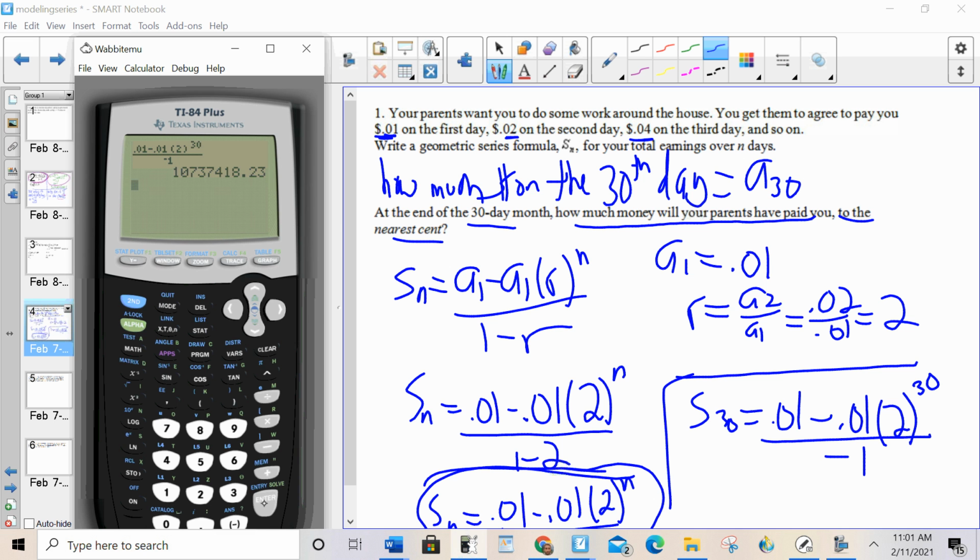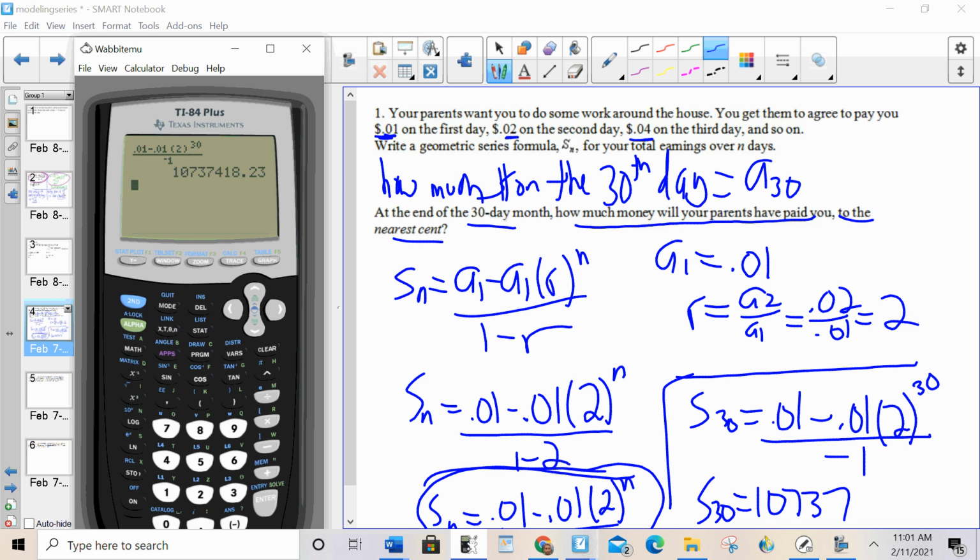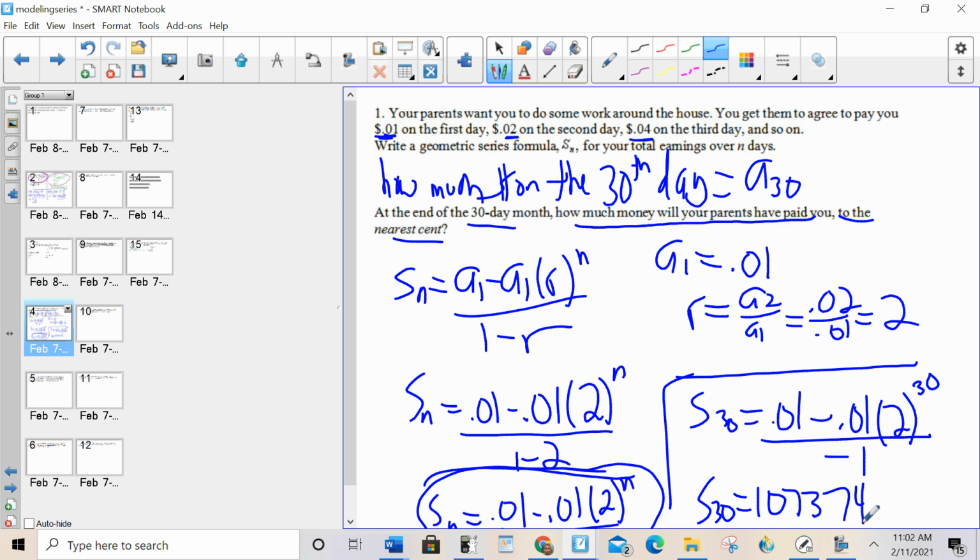That's a lot of money. 10,737,418.23. Wow. Well, I don't know how many people's parents have $10,737,418.23 laying around, but if you do, maybe you can trick your parents into getting that from them.